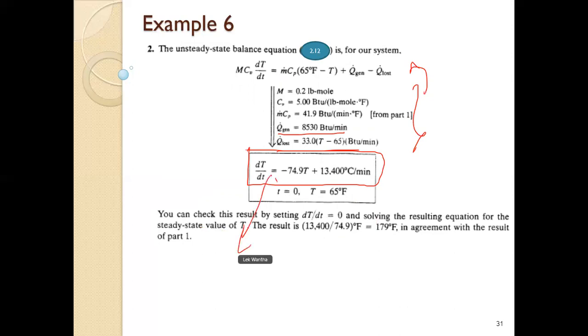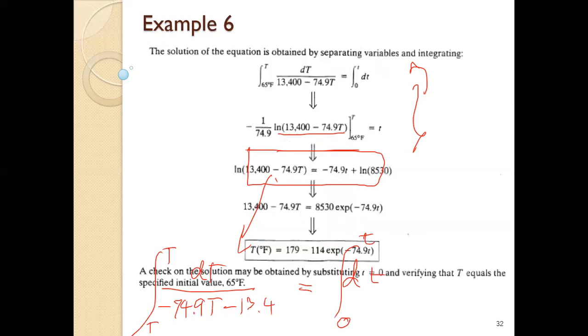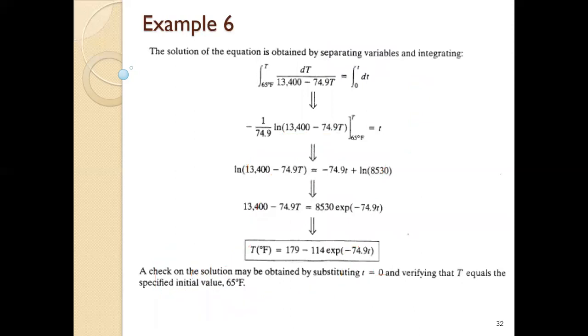And you can solve this: dT divided by -74.9 T term equal to dt, from initial time to any time.